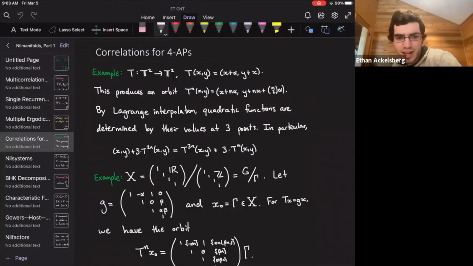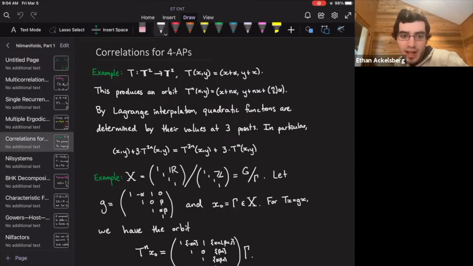Hopefully it's clear what I have indicated here. We have ones along the diagonal, and then in the upper right, we can put in any real numbers, and we quotient out by that group where we put in integer values. And then I'm going to take a specific group element with a minus alpha, a beta, and an alpha beta in convenient places.